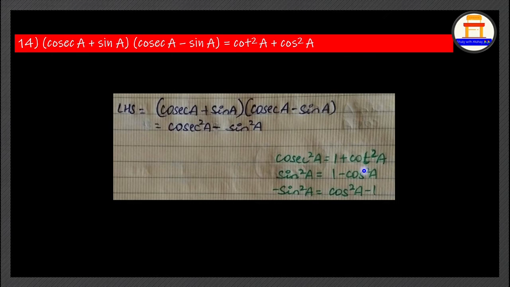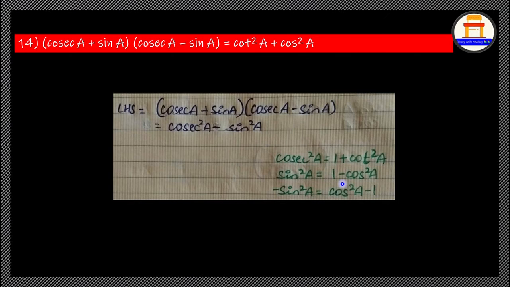Few of you might assume cosecant square A can be written as 1 by sine square A. If you write it that way, you will end up with unwanted results. Here the RHS is in the form of cot and cos, so make sure you convert whatever ratios are given into cot and cos.